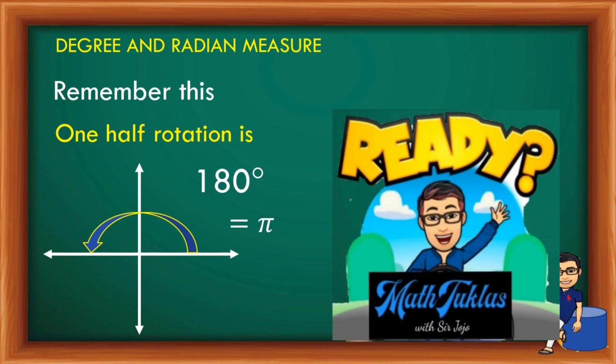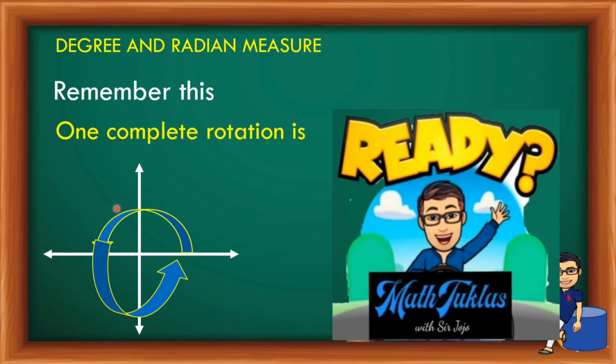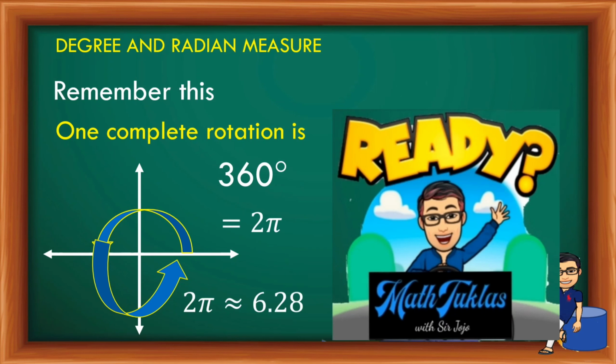And that pi is approximately equal to 3.14. Then, 1 complete rotation, like this representation, is equivalent to 360 degrees. And that 360 degrees is equivalent to 2 pi, which is approximately equal to 6.28.